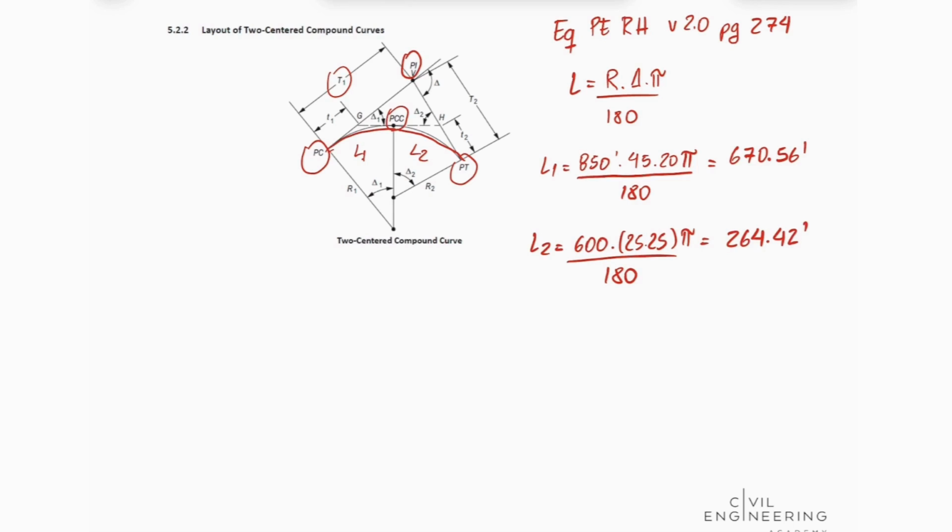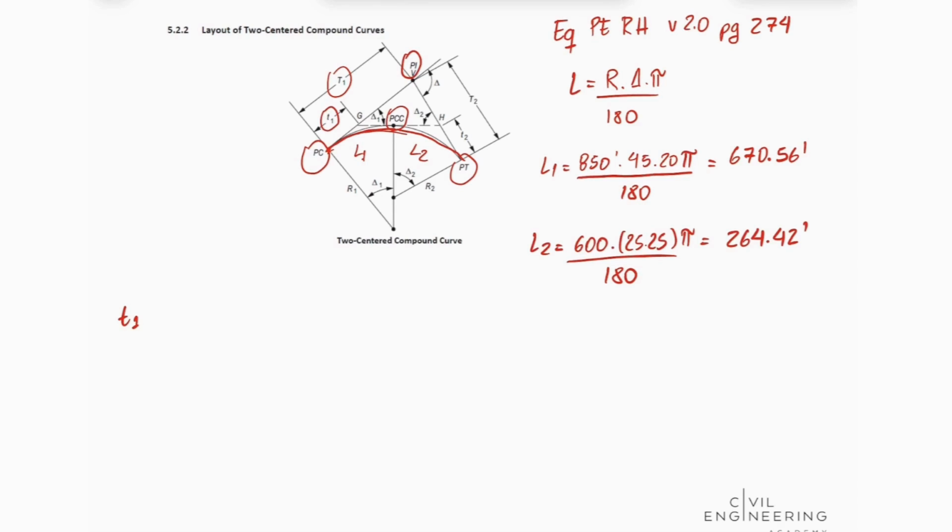Okay, and then we have that the T1, our little T1, is the small t associated with the individual curve. So this T1 is associated with curve 1, not the overall compound curve.